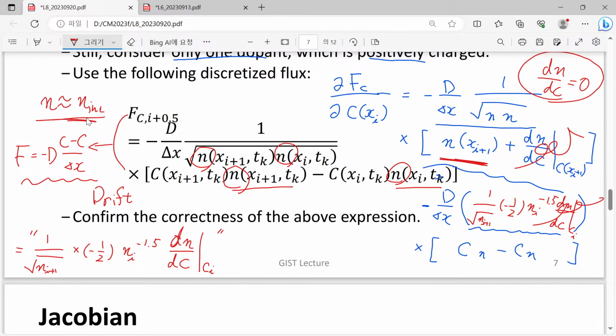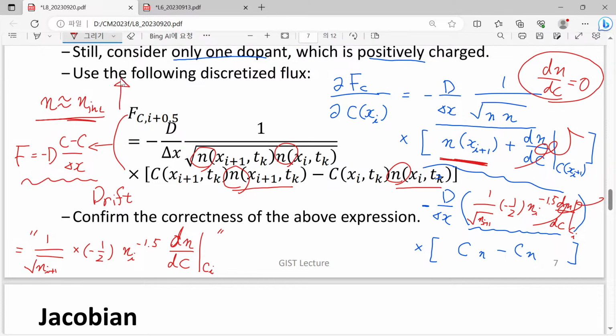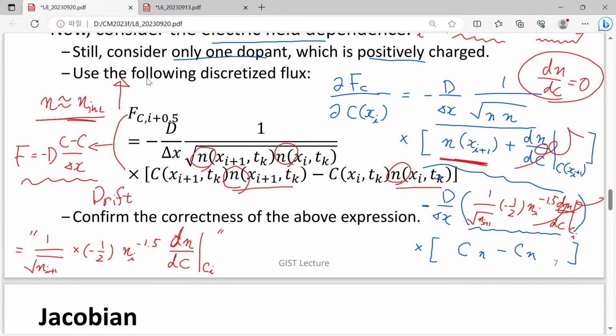And this can happen when we have sufficiently high temperature. So that's the reason why, instead of high temperature, please reduce your temperature to reduce n intrinsic carrier density. Also increase your dose.